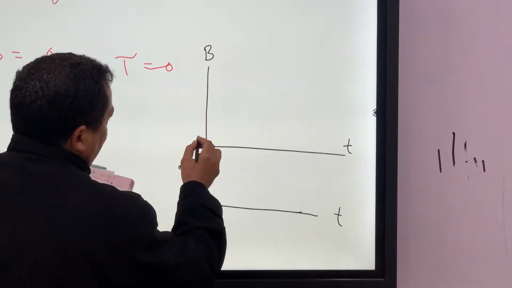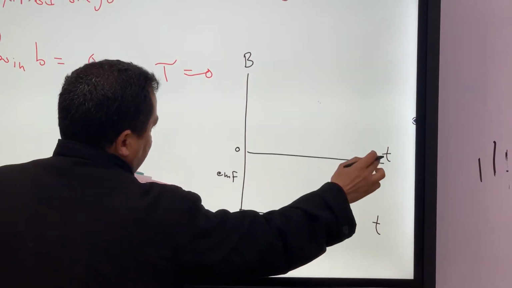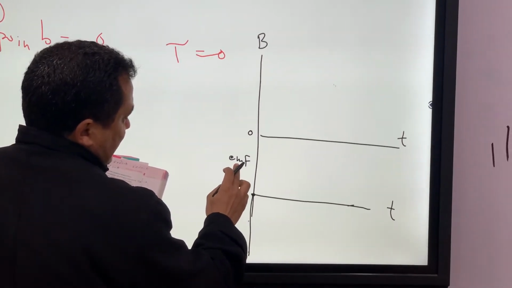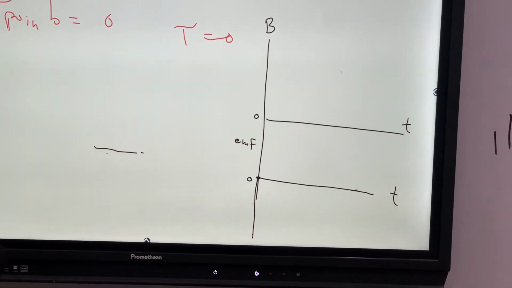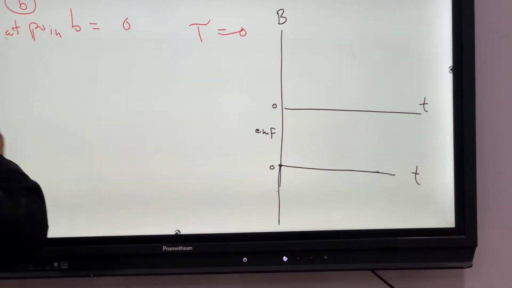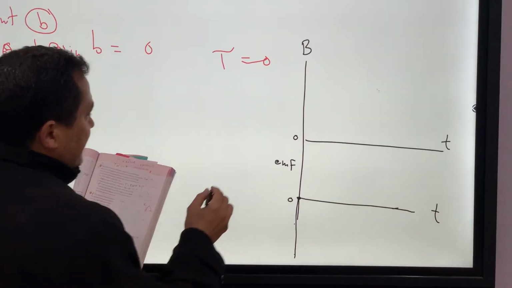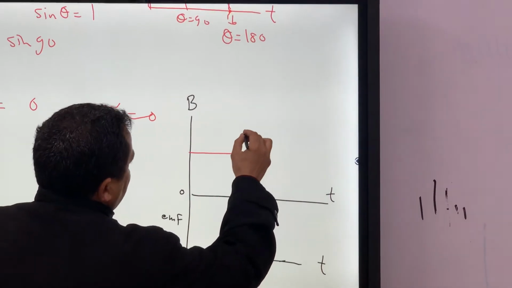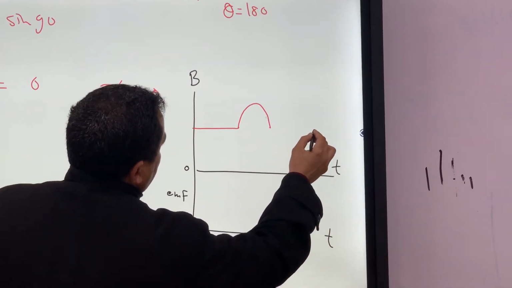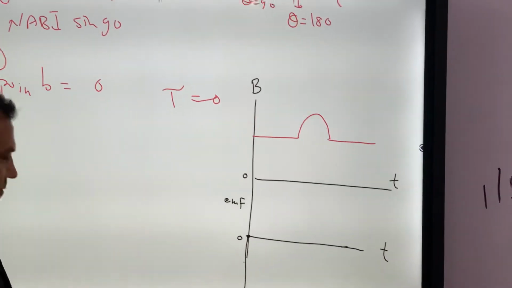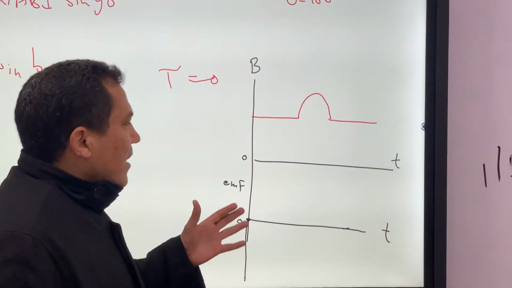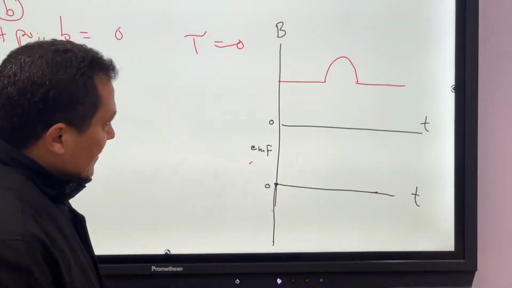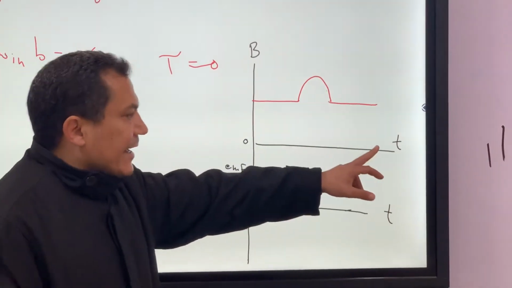This point of 0 is for the relation between B and T, and this point is 0 for the relation between induced electromotive force and time. He gives this graph for magnetic density, and he asked me about the graph between induced EMF and time from this graph between B and time.